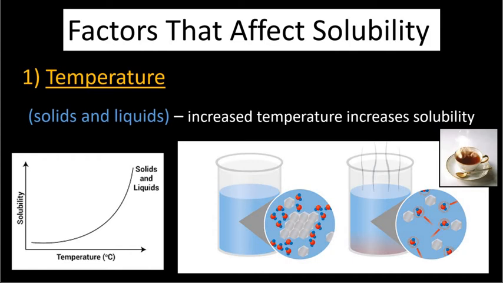Just like if you have sugar and you want to put it in tea, it dissolves much better in hot tea than it does in cold. And that's simply because the molecules of the solute and the solvent are interacting more often because they're going at a faster speed.